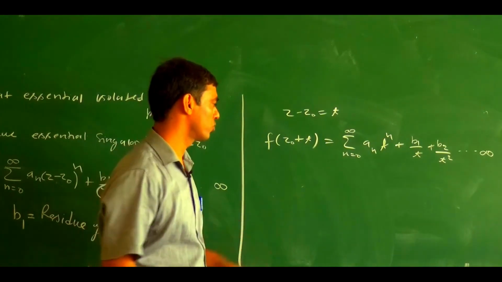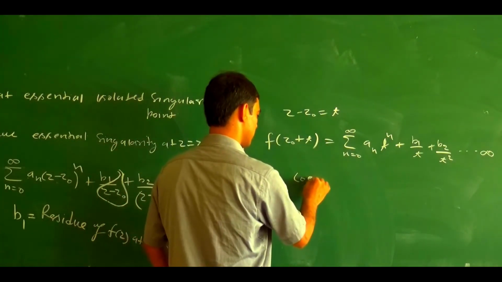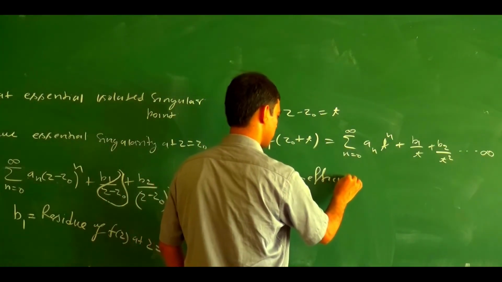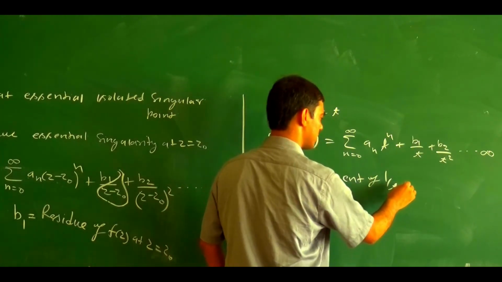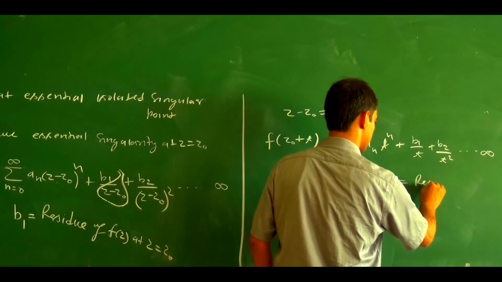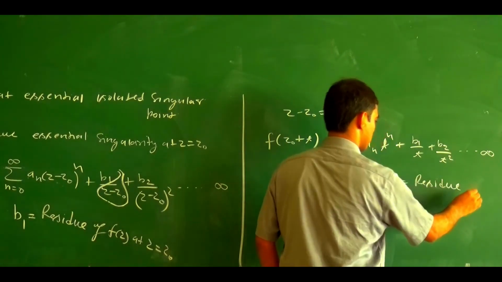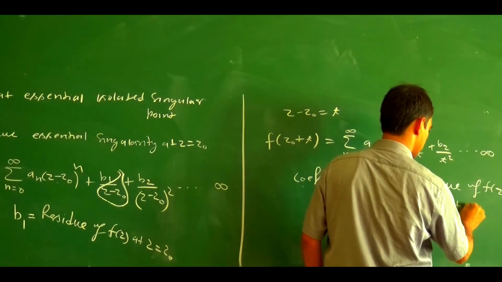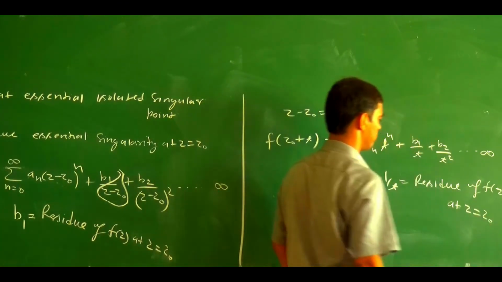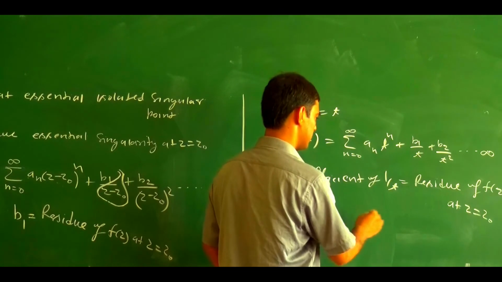Here the coefficient of 1 by t represents the residue of f(z) at z equal to z0. This is nothing else but b1.